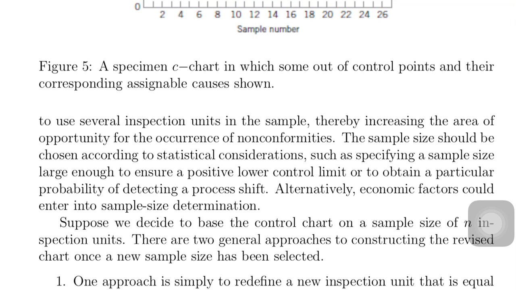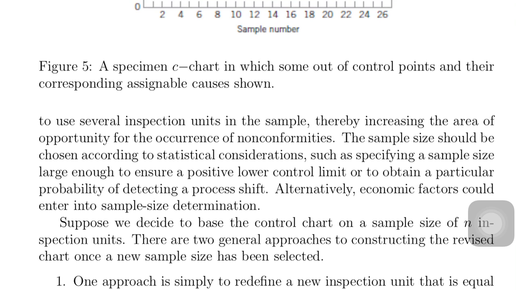When you decide the sample size, these economical factors may also be taken into account. Okay. And in this situation, we will be trying some alternatives for C chart, and such a chart is called U chart. Suppose we decide to base the control chart on a sample of size small n inspection units. And we have two approaches in this case.